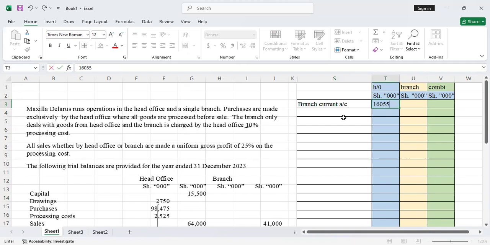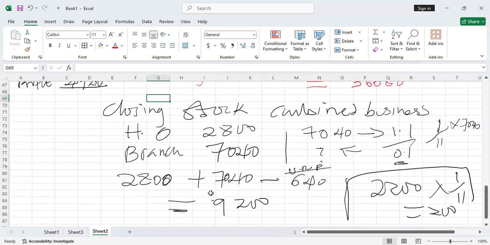It is not an asset in the combined business. You cannot have it. Stock we computed, remember here. Do you remember this 2800, 7040, and 9200?